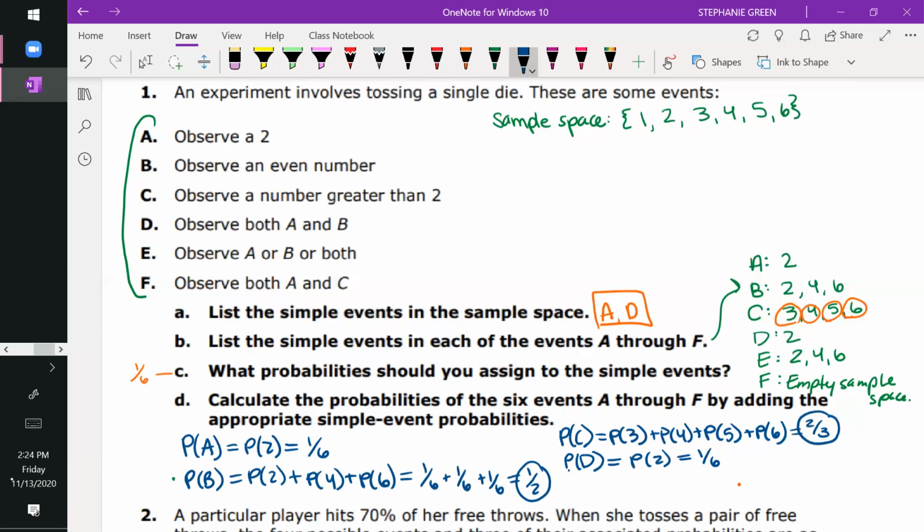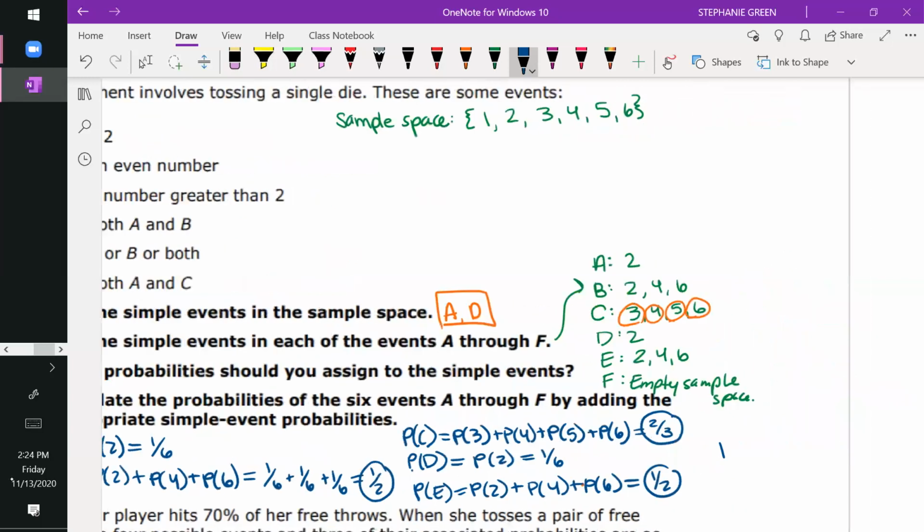The probability of event E is the probability that we get a 2, plus the probability that we get a 4, plus the probability that we get a 6. So that's 1/6 plus 1/6 plus 1/6, which is 3/6, or 1/2. And lastly, F, we already said, is an empty space. The probability of F happening is still just 0.